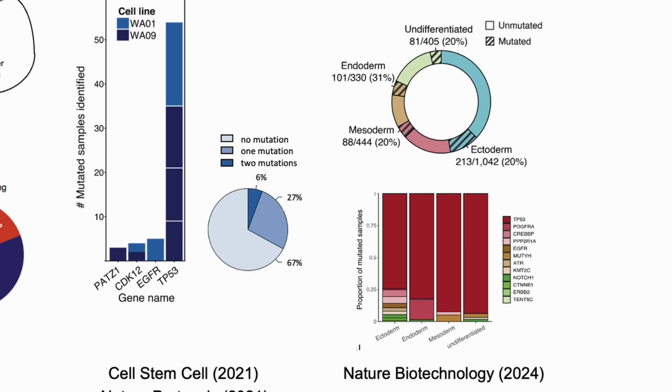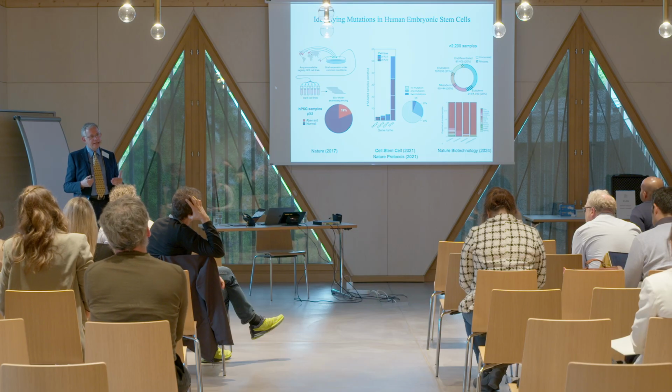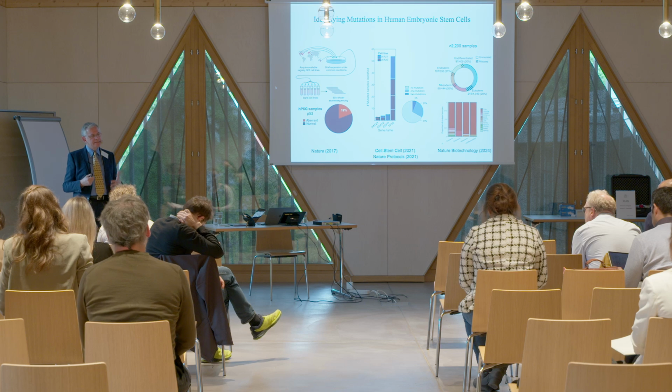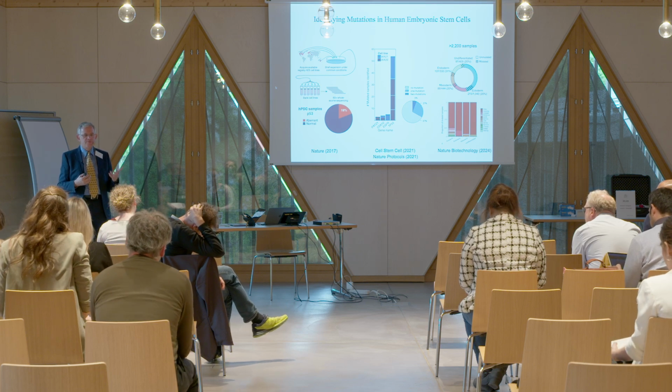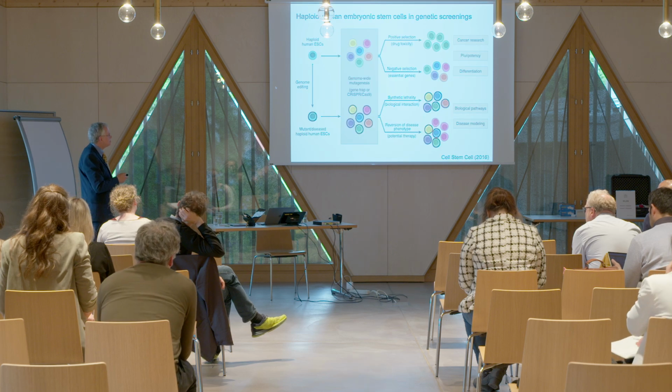Again, in dark red, you can see the involvement of p53. This is the most mutated, but you can see a long list of other cancer-related mutations that exist. And the FDA now is asking investigators to look for those kinds of mutations before clinical studies.